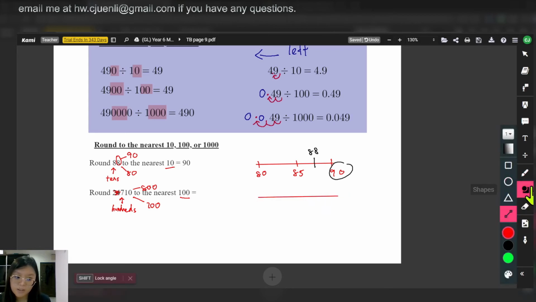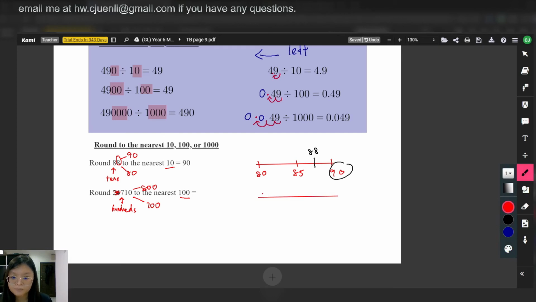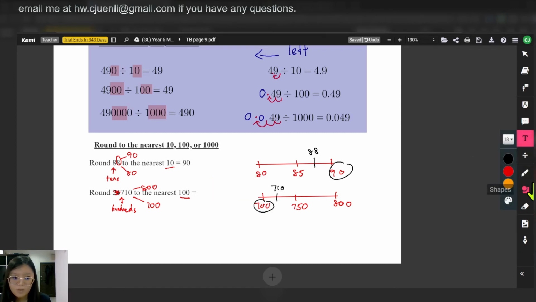It's not a must to draw a number line, but better if you do. 700 and 800. In between, we have 750. So ours is 710, so let's write over here 710. So it's actually closer to 700. So your answer will be, okay, let us erase this first so we can see it.